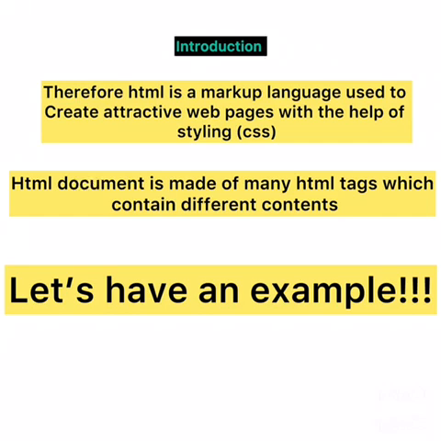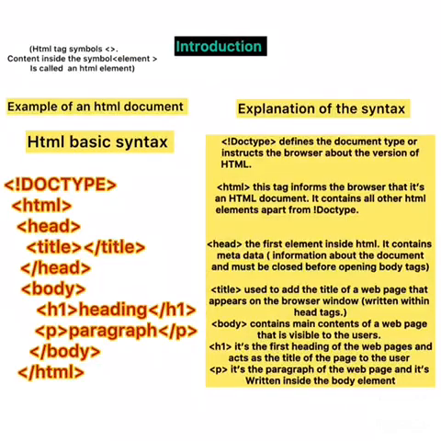An HTML document is made of many HTML tags, and each HTML tag can contain different contents or elements. Let's see an example. Here is an example. You open the HTML tag. The greater than and less than symbols represent the HTML tag. The content placed inside the greater than and less than symbols is what you call an HTML element. So you open the HTML tag.